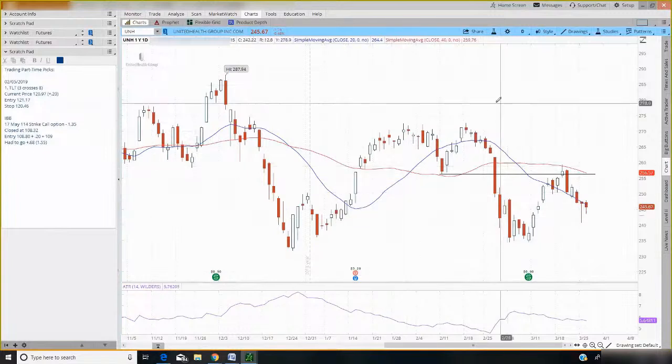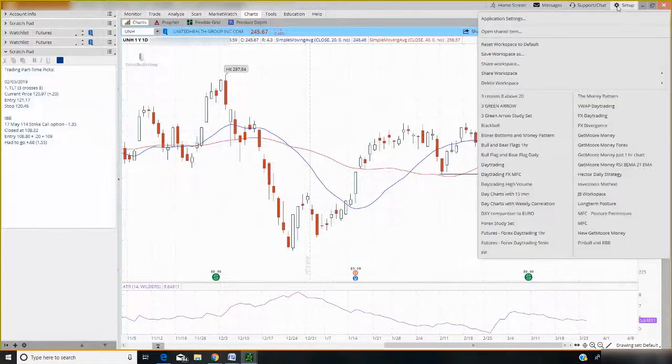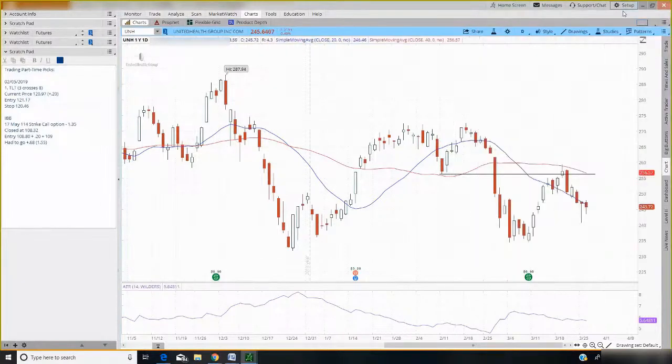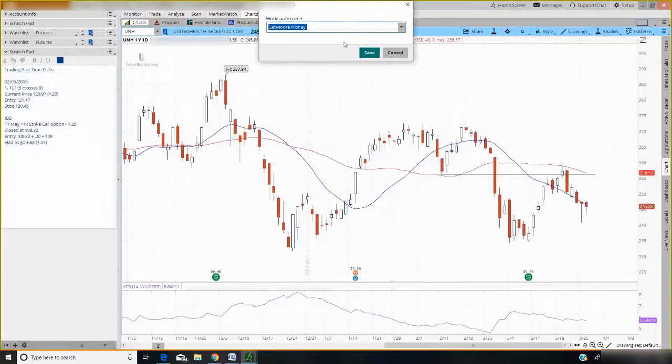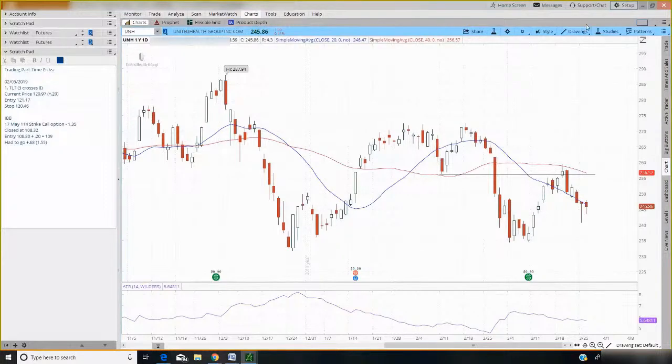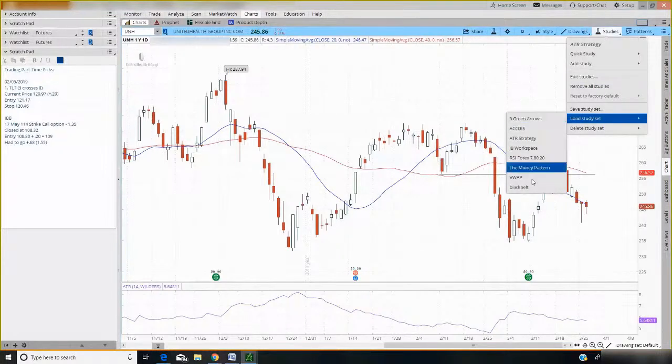So then anytime you want to see it, you go back up here to Setup, and it's here in your study sets. Mine now says, where's it at? Hang on. I know I just saved it. Oh, let me save it again. Oh, I know what I did. I saved the study set. So if you go here to Load, it says ATR.